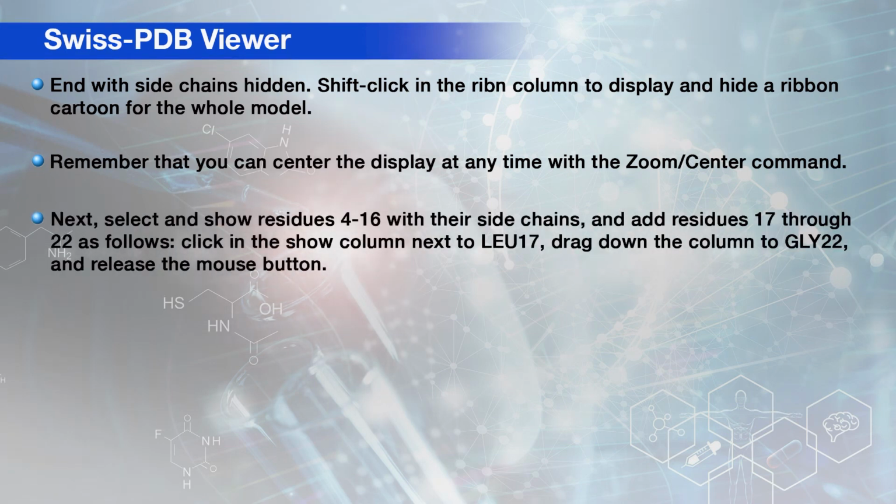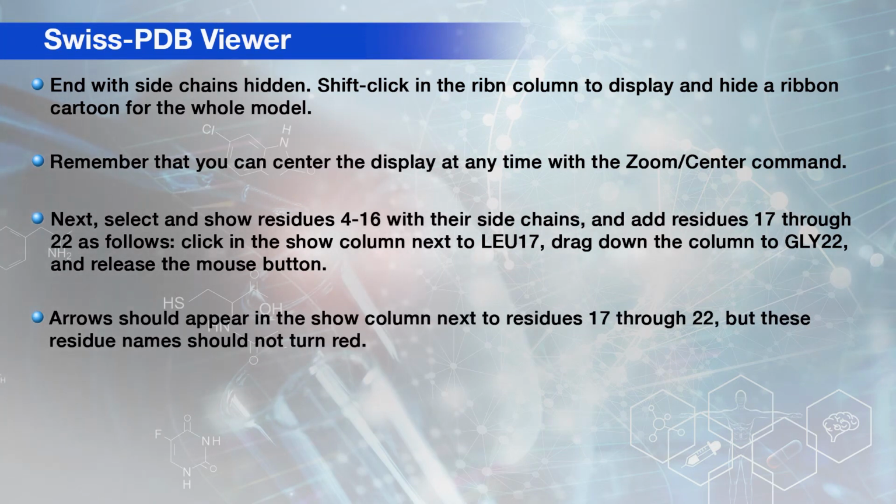Next, select and show residues 4 to 16 with their side chains and add residues 17 through 22 as follows. Click in the Show column next to LEU17. Drag down the column to GLY22 and release the mouse button.